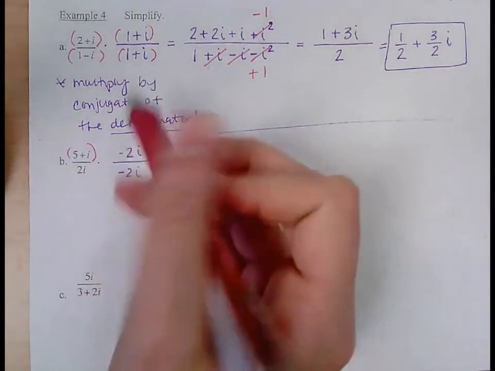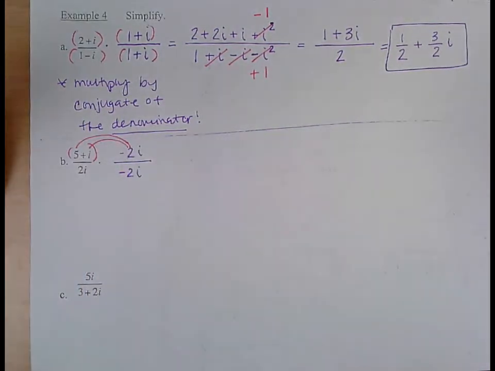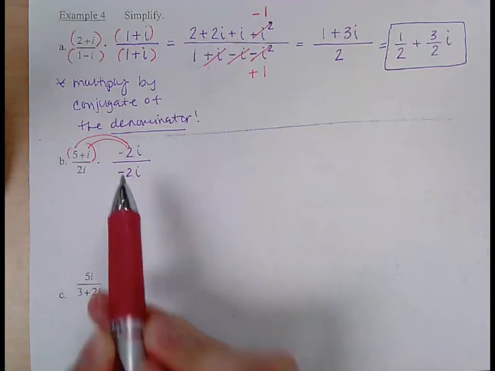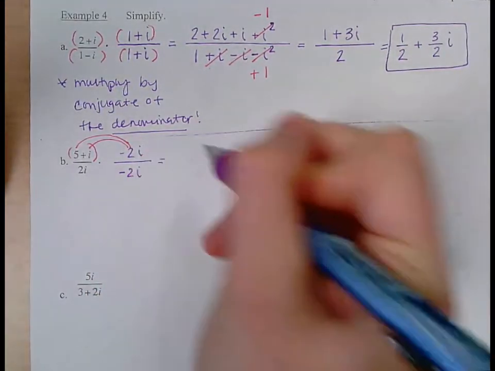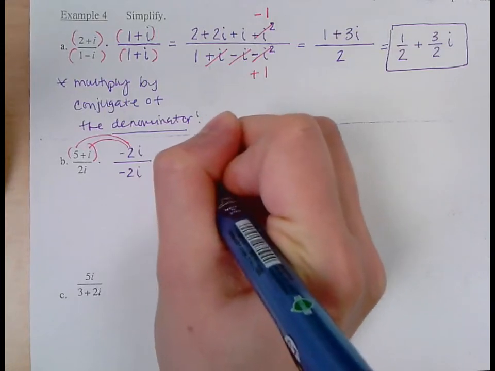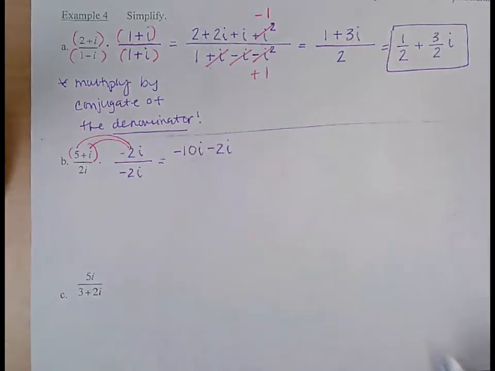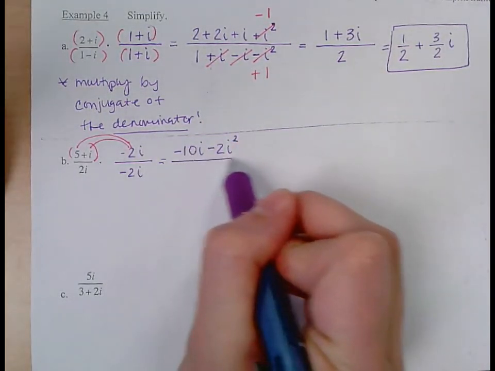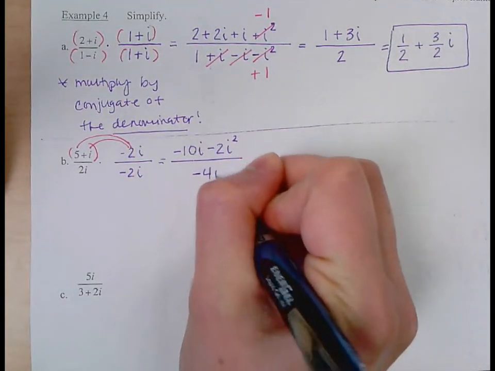So on the top, you just distribute the negative 2i to the 5 plus i. And on the bottom, you just multiply the 2 terms together. So on top, if we distribute, negative 10i, and then minus 2i squared. And on the bottom, 2i times negative 2i is negative 4i squared.